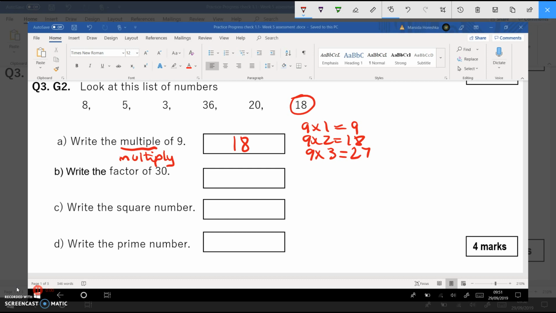Write the factor of 30. So factors, to help you remember, there are different factors that contribute to something. For example, to pass in the course, it's got to do with attendance, punctuality, doing homework, and a range of other things. These tend to be smaller than the number itself, so there would be smaller factors that all contribute to the big thing, which is passing the course, and in this case that's the number 30.